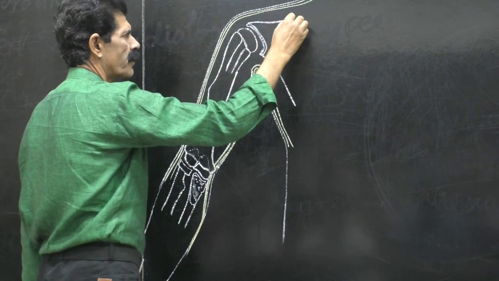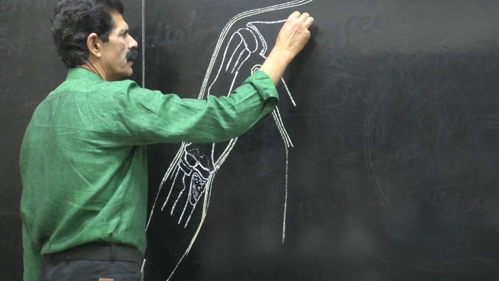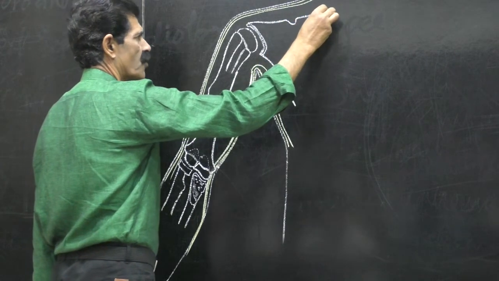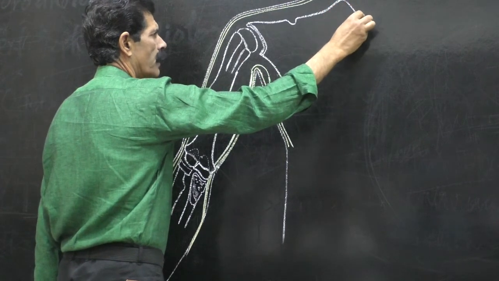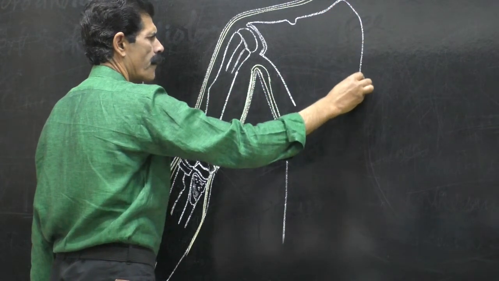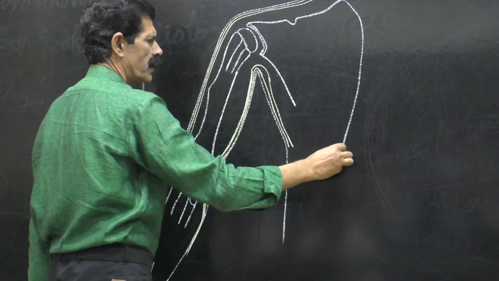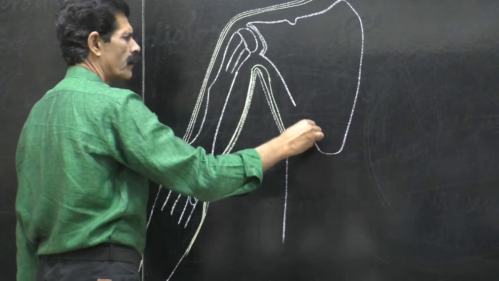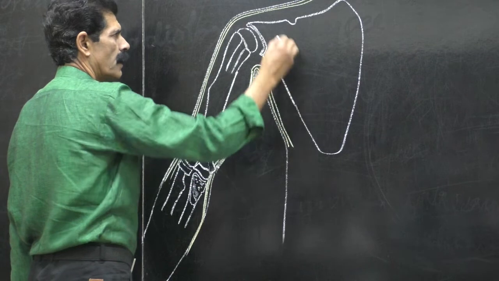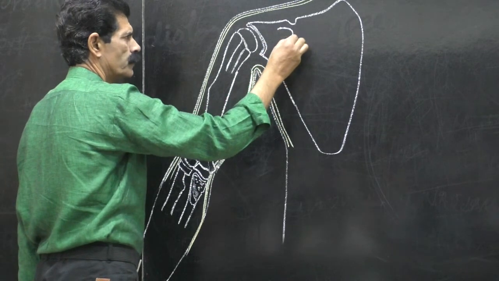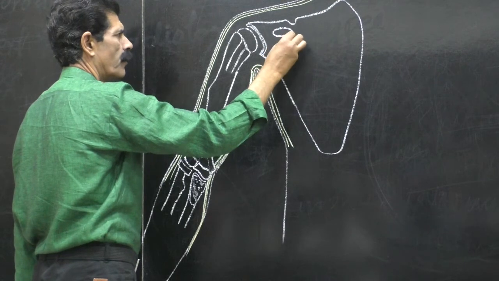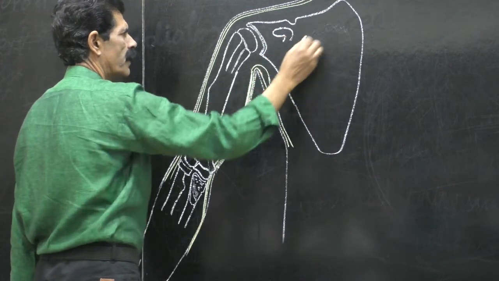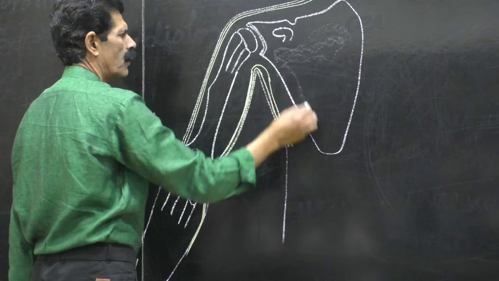The superior border of the scapula bears the suprascapular notch, and there is the superior angle, the medial border of the scapula, and below is the inferior angle of the scapula. Here the coracoid process is seen. And this whole anterior fossa is called the subscapular fossa.